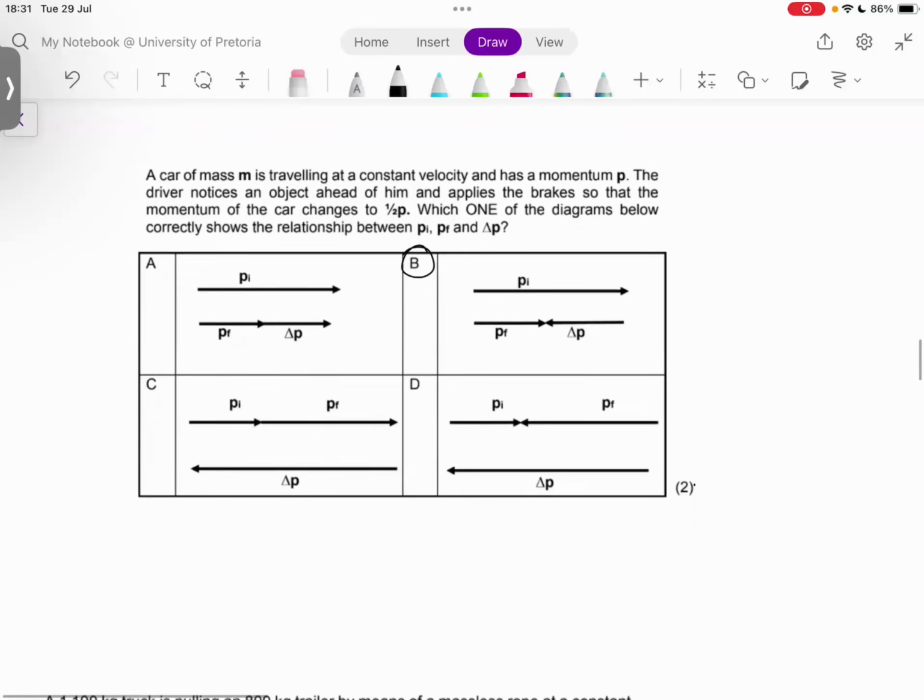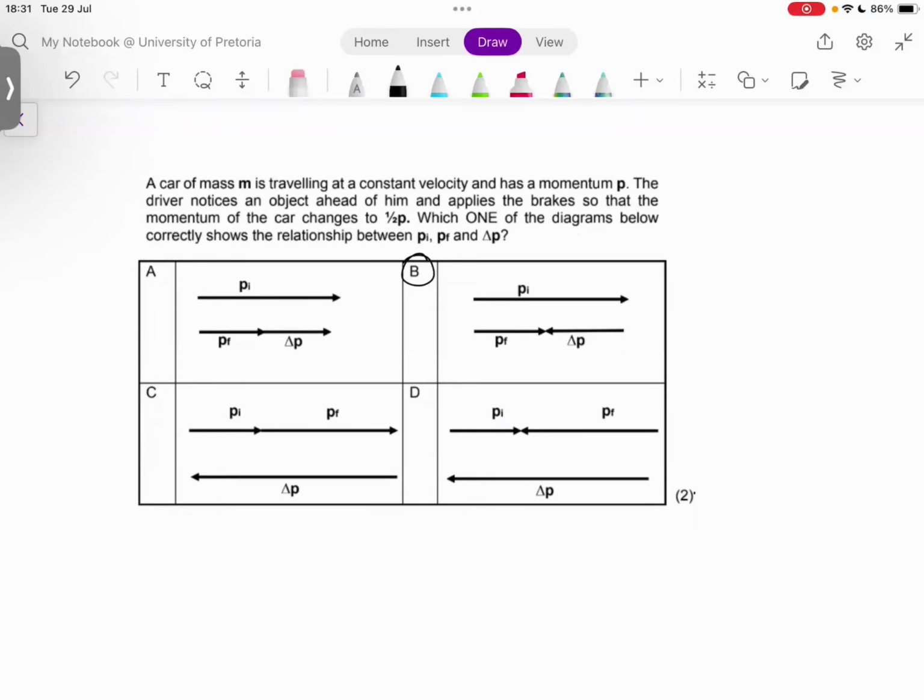Let's explore why. We have the momentum, which is noted by P, which is the initial, and we have the final momentum, which is half P. The change in momentum is measured by the final momentum minus the initial momentum.